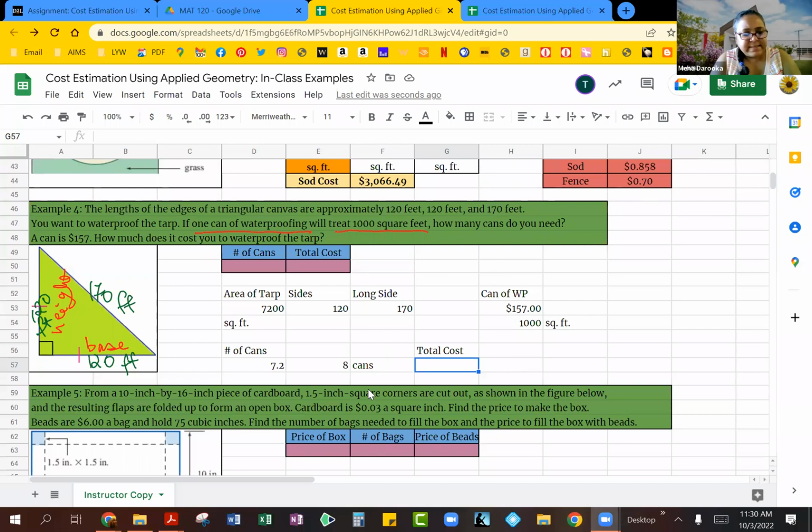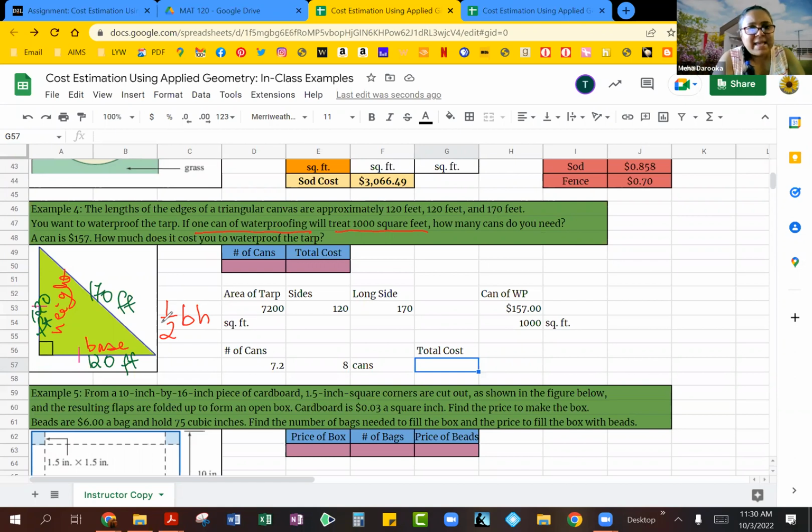So they're telling us it's $157 for one can. So Sabrina, the area formula for a triangle is 1/2 base times height.